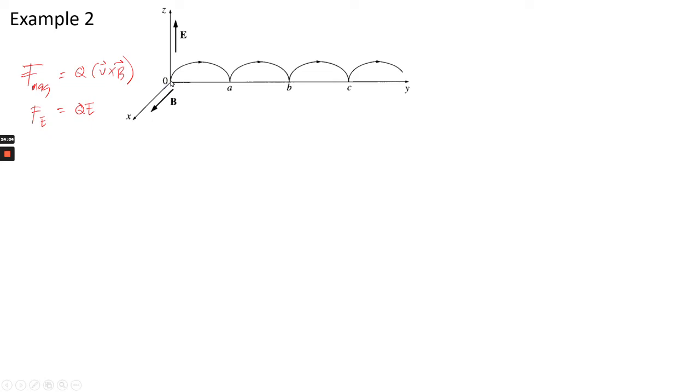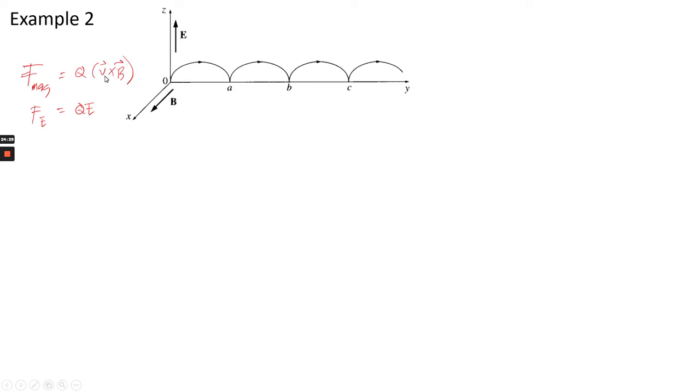So this charged particle will tend to go up because of the presence of this electric field, the electrostatic force, right? So this electric field will tend to accelerate the charge in the z direction upward, okay? So as the particle moves up, it picks up speed, so a magnetic force develops because of this equation.